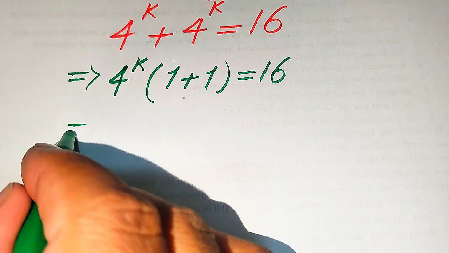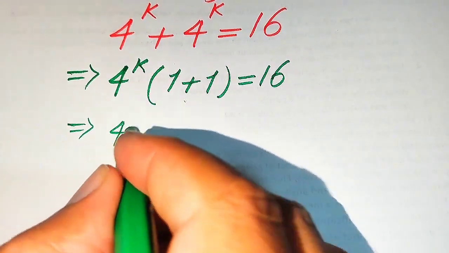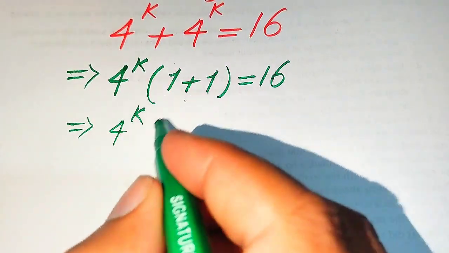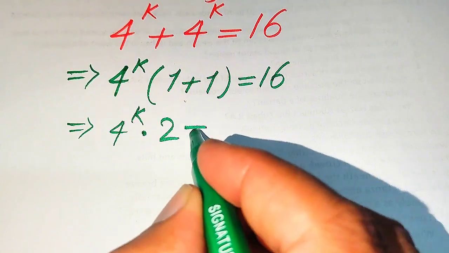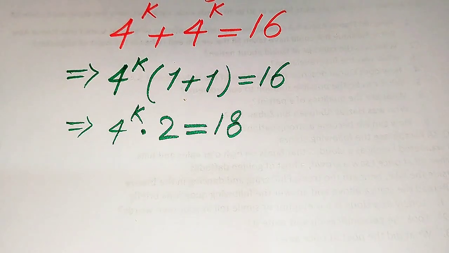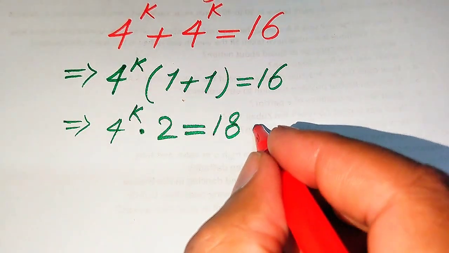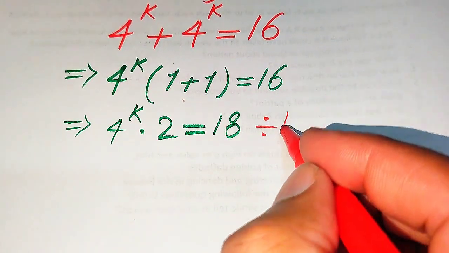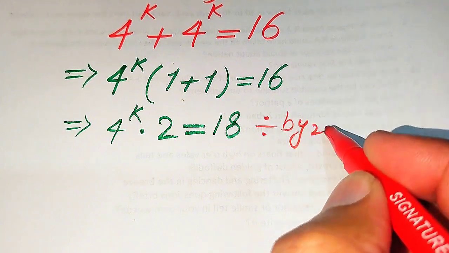And now you see here we have 4 to the power of k into 1 plus 1 becomes 2 is equals to 16. So here you see that 2 is divisible by both of the sides, so we need to divide both of the sides by 2.